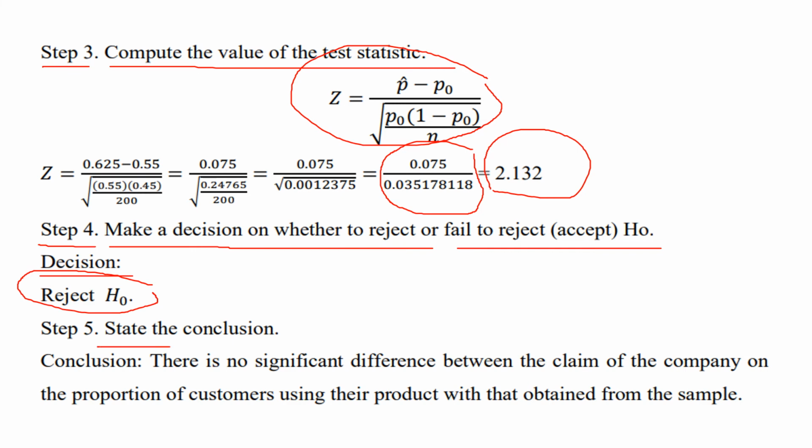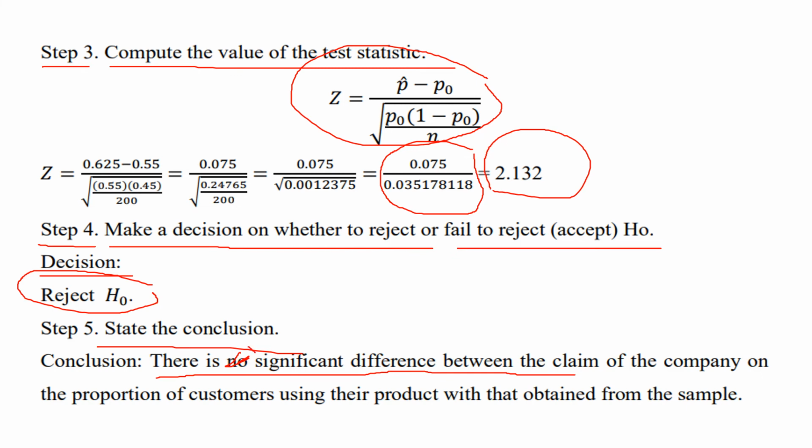So the statement, the conclusion. If we reject, it would mean that our conclusion is that there is no significant difference in the claims. So there's an error here. If our decision is to reject your H0, then that means there is a significant difference between the claims of the company on the proportion of customers using their product and that obtained from the sample.